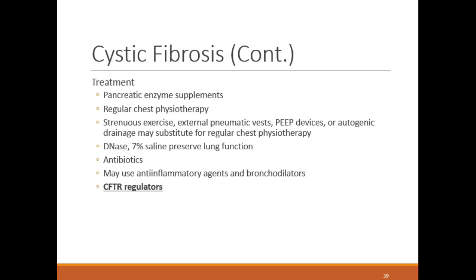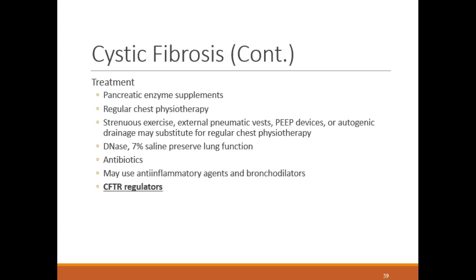Okay, so for treatment of these patients, we're going to do multiple things to try to maintain their lung health. Airway clearance is going to be a key objective. That might be percussion, postural drainage, PEP therapy, autogenic drainage, oscillatory PEP therapy, vest therapy.